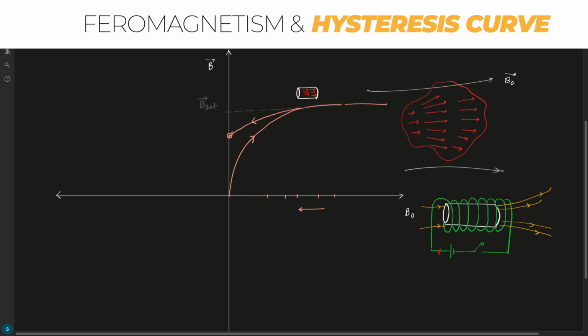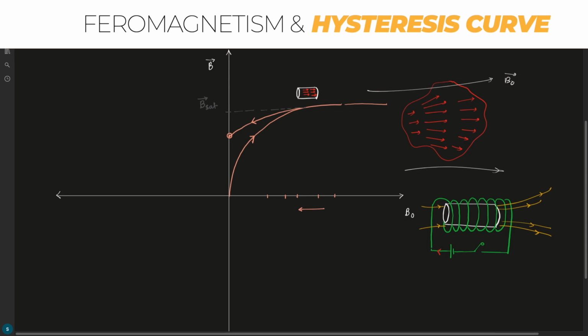This indicates that even if you switch off this circuit, or if you don't send any current, and the external magnetic field is zero for this particular point, then also we can expect some amount of magnetic field inside of the ferromagnetic substance, and we can call it the retention, the property of retention, or holding the magnetic moment, which will be non-zero. Okay, so we can expect a magnetic effect out of that ferromagnetic substance once we convert this into a magnet, even if the external magnetic field is zero.